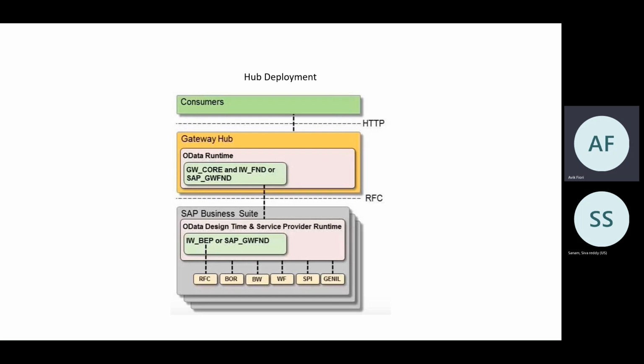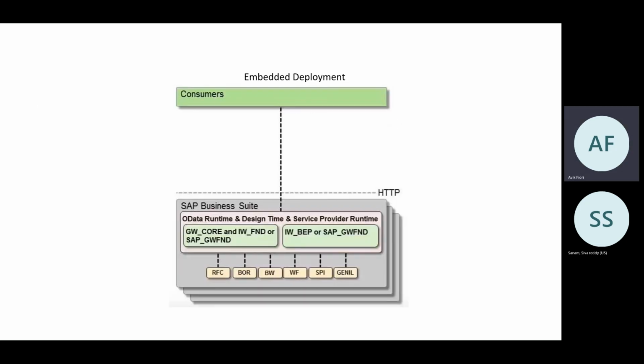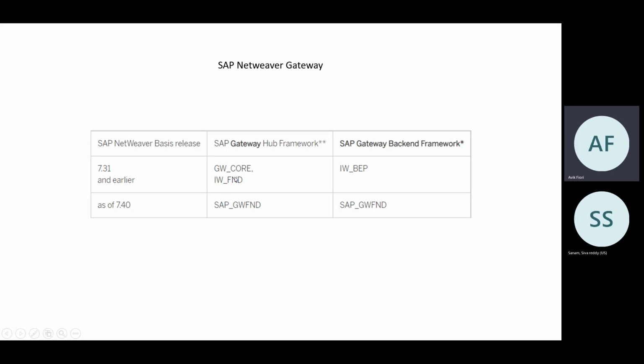On the gateway hub, we have three components installed on the gateway server: GW_CORE, IW_FND, and SAP_GWFND. It depends on what type of NetWeaver version you're using. If you're working with NetWeaver version 7.31, you need all these three components, like I already told you previously.